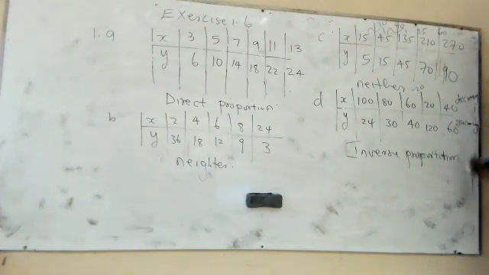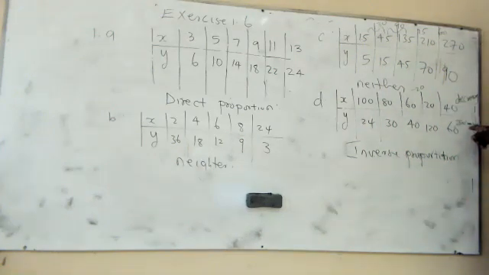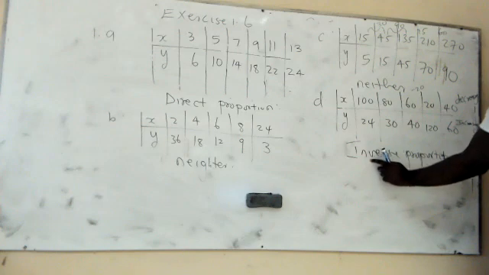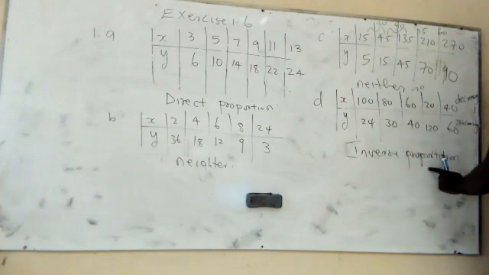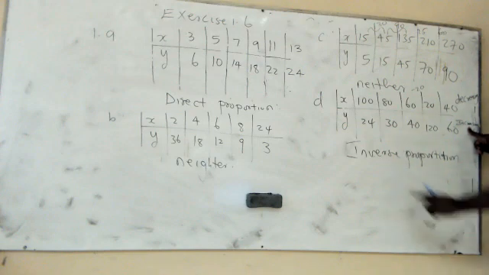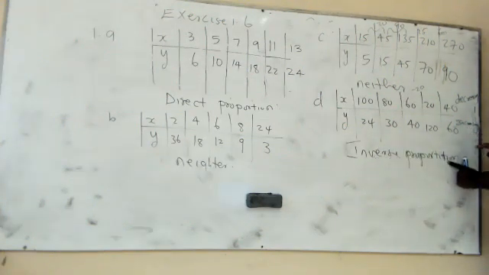If you go back to the definition, you will see that if x is decreasing and y is increasing, that condition is what is called the inverse proportion. Even the other way around, for example, if x is increasing and y is decreasing, that condition is also inverse proportion.